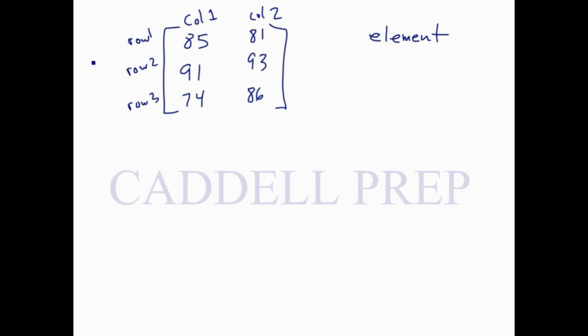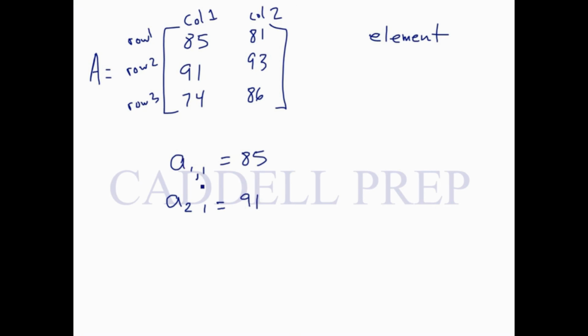So if this matrix is matrix A, then this element here in row 1, column 1 is A1,1. This element in row 2, column 1 is A2,1, and that's going to be 91.